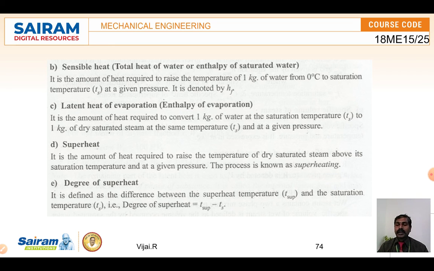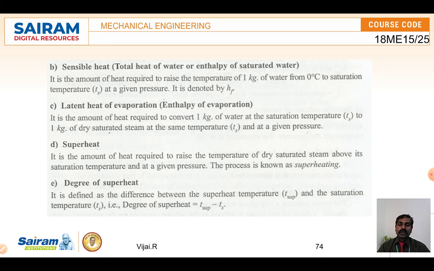And what is the superheat? It is the amount of heat required to raise the temperature of saturated steam above the saturation temperature. The saturation temperature is where water starts to boil and the temperature is maintained. After completion of that stage, the dry saturated steam is converted into superheated steam.